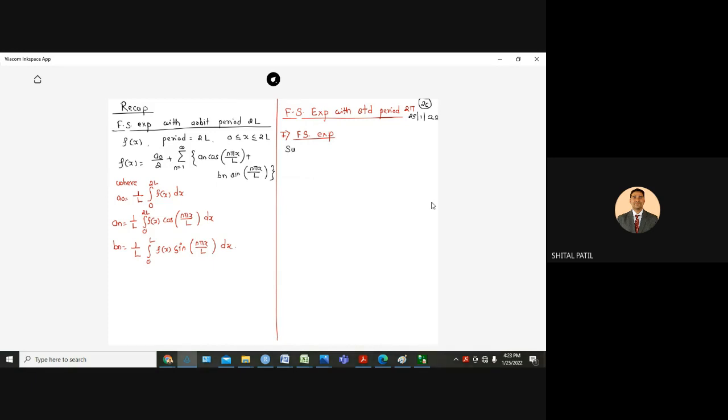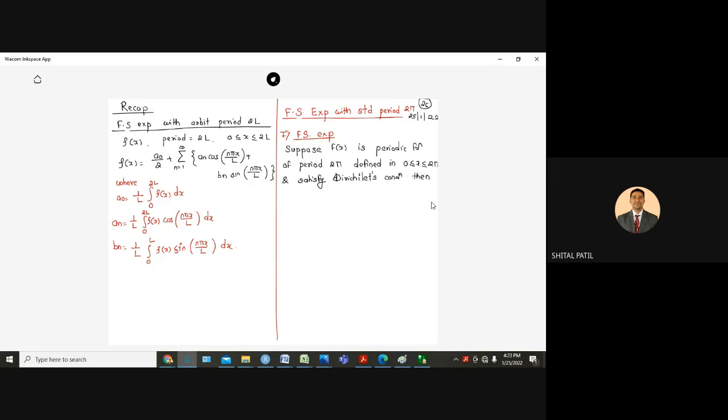Suppose f of x is a periodic function of period 2 pi defined in x between 0 to 2 pi and satisfies Dirichlet's condition.